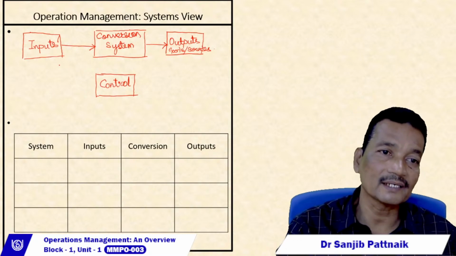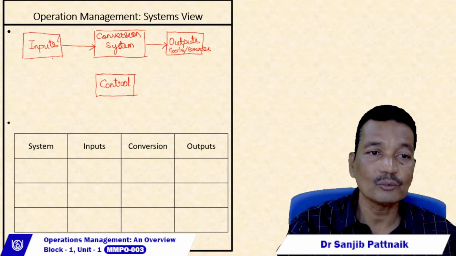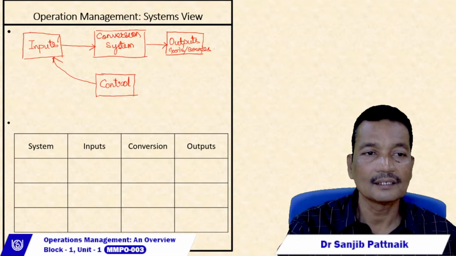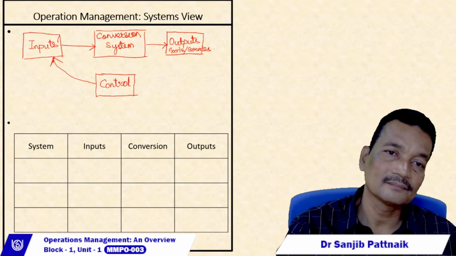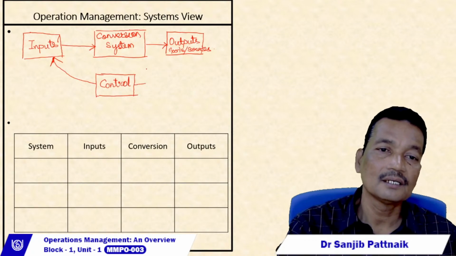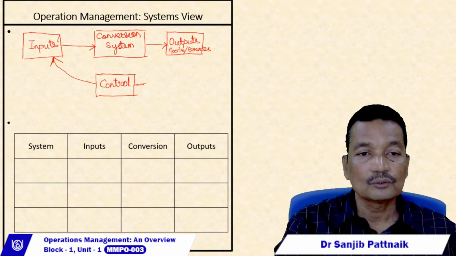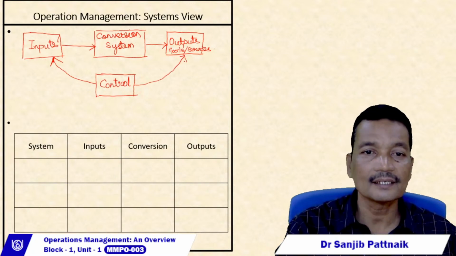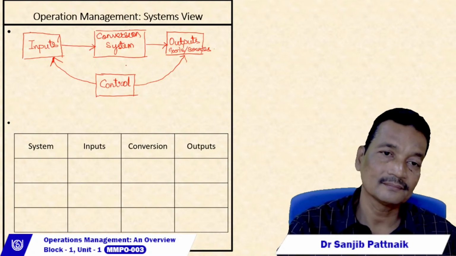Inputs, raw materials, human beings. Do I need a control on that? The answer is yes. You should control it. Outputs, goods and services that are being passed on to the customers. Should I have a control or quality check on that? The answer is yes.